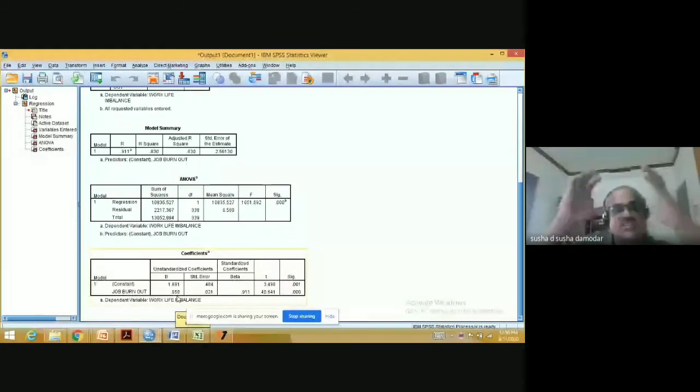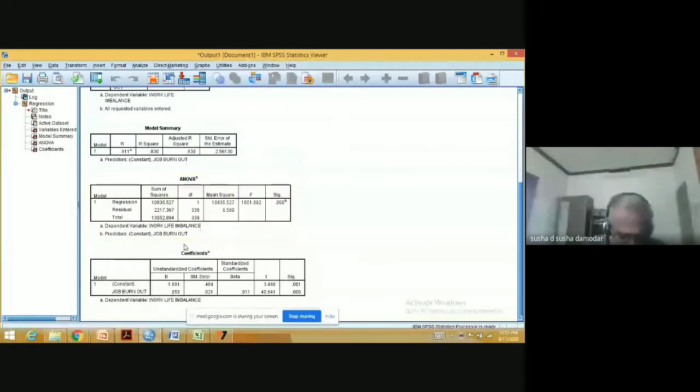There is no significant relationship between work-life imbalance and job burnout. That null hypothesis has to be rejected, in the sense that there is a beta coefficient and the t-value is found significant. The probability value is significant, 0.00, less than 0.05. Therefore, job burnout has strong impact on work-life imbalance, or work-life imbalance is affected by job burnout.